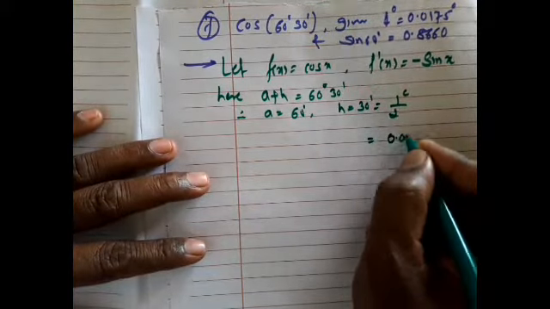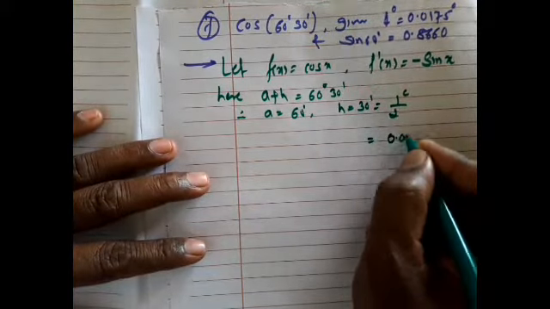Therefore, by the formula, f of A plus h is approximately equal to f of A plus h f dash A, that is cosine 60 degrees 30 minutes is approximately equal to f of A, which is 0.5, minus 0.00875 into 0.8660, minus because this value is minus.